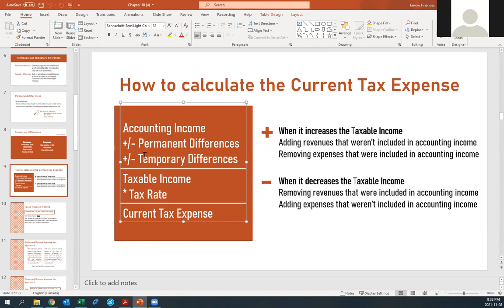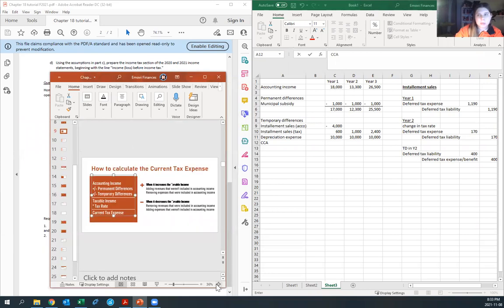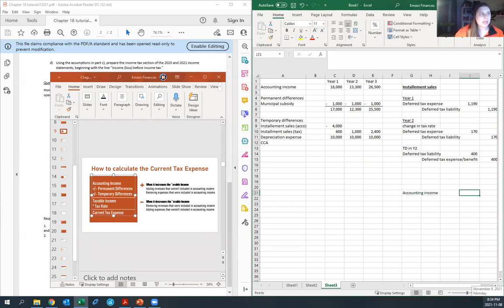Okay, so right now the depreciation, the $10,000, we're adding it because it was included in the accounting income. So if your accounting income right now is here, let's say, and it was $18,000, your depreciation expense is before your accounting income.